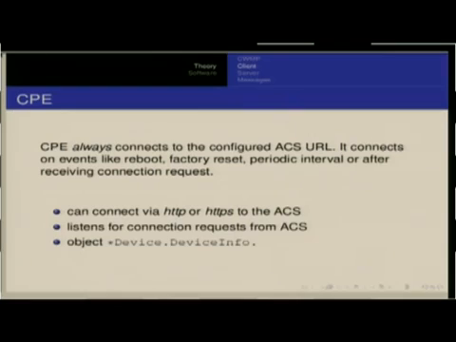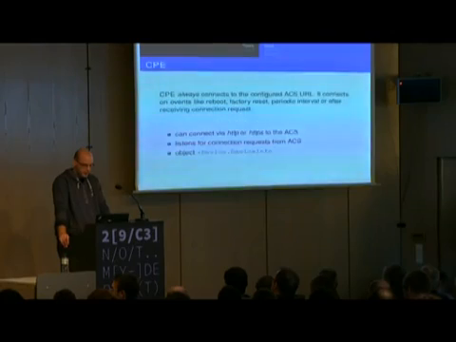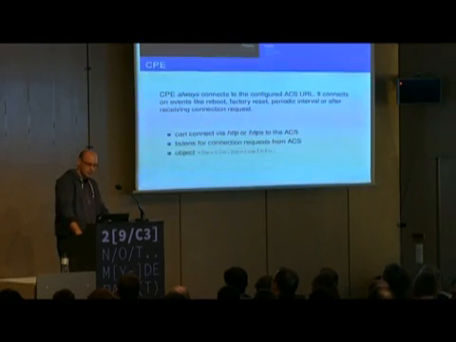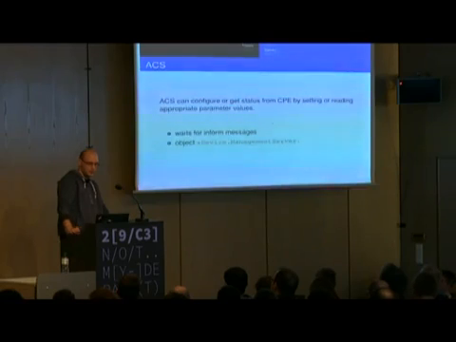It also listens on a certain port, and the ACS usually has to have username and password for this. Object for this is device info. Star is here because in TR-069 it's InternetGatewayDevice. Okay, we will also see this in the demo.